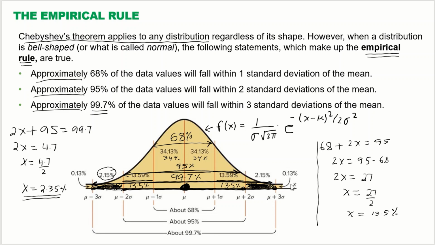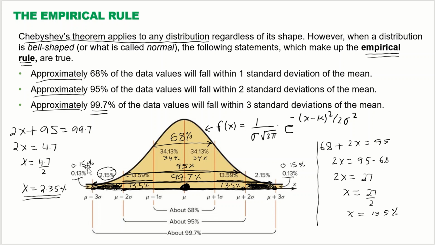And when you divide that into 2 equal parts here, this area should come approximately 0.15, or more accurately 0.13. If we use 0.15, that's fine. 0.15% approximately, that is the approximate value.